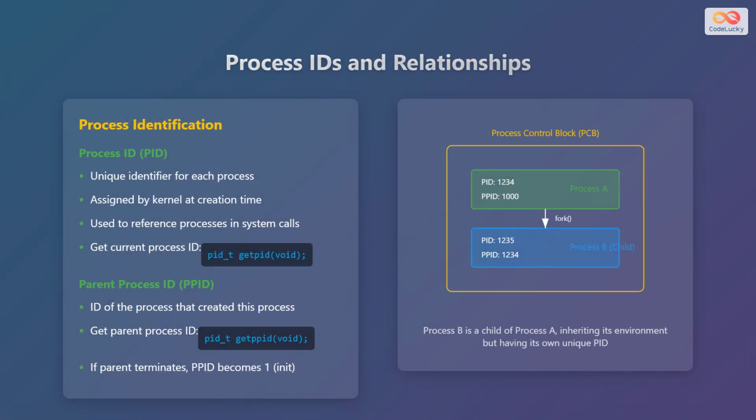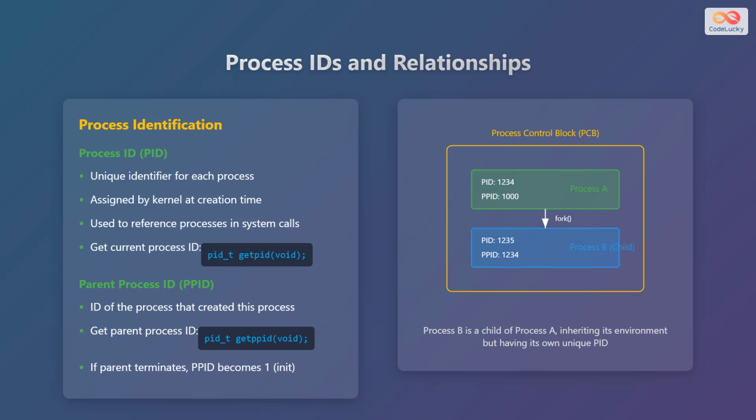Each process in a Unix system is uniquely identified by a process identification. This identification is assigned by the kernel at the time of process creation, and is used to reference the process in various system calls. To obtain the process identification of the current process, you can use the getPID function.